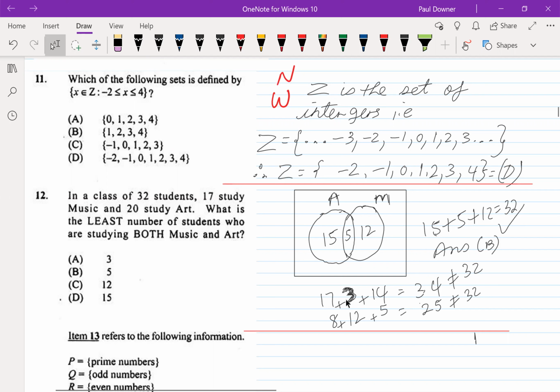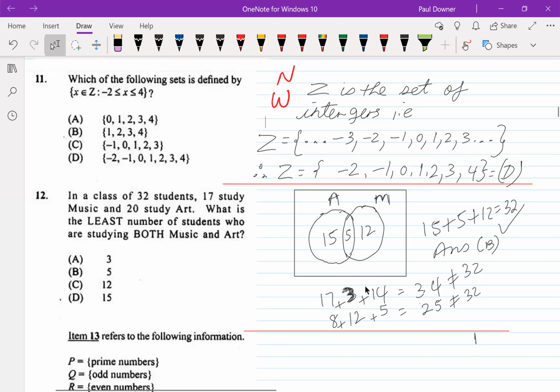If you try to use 3 here, then this number has to be 17, so that 17 and 3 would give you 20. And on this side, you have to get 17, so it will be 3 here and 14. So 3 and 14 would have given you 17.